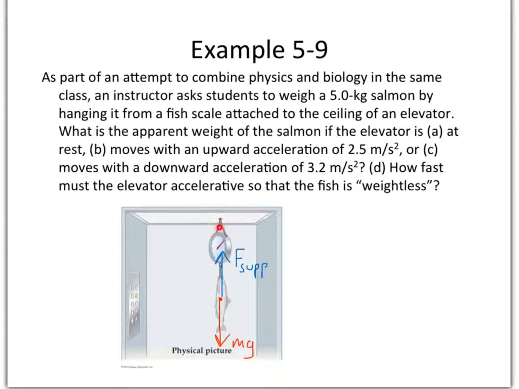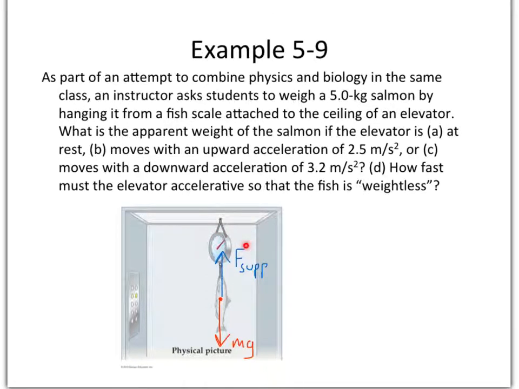And by the way, one more bit of convenience, this apparatus right here happens to have a force meter built into it. We call that a scale. That's what a scale is. It simply measures force. So whether it's newtons or pounds, it's measuring force right here. So as our system is moving, as the acceleration is upward or downwards, our scale is going to measure a difference in the supporting force.